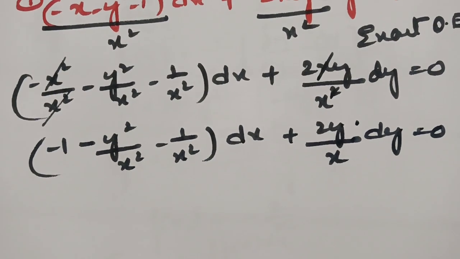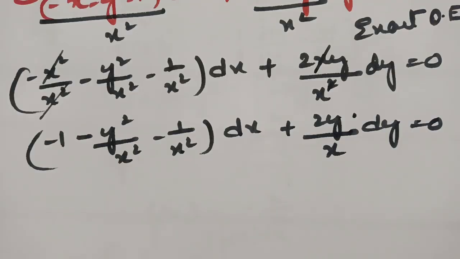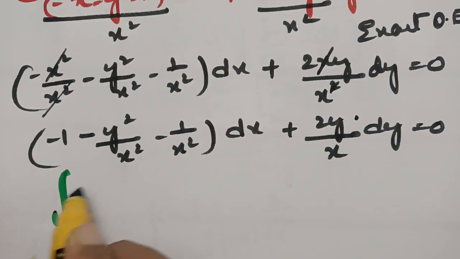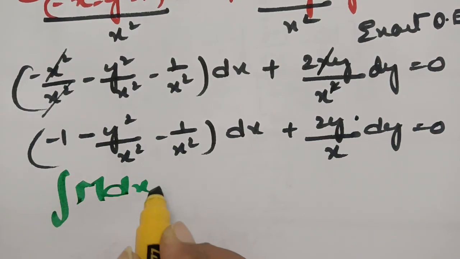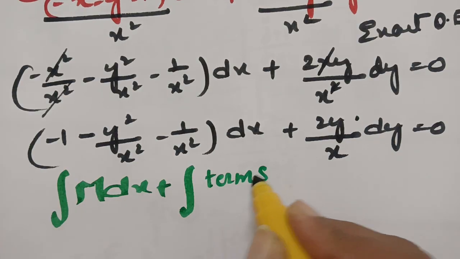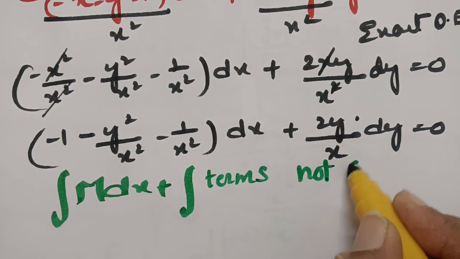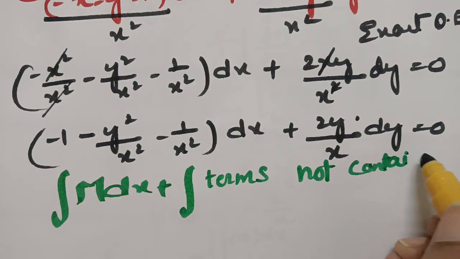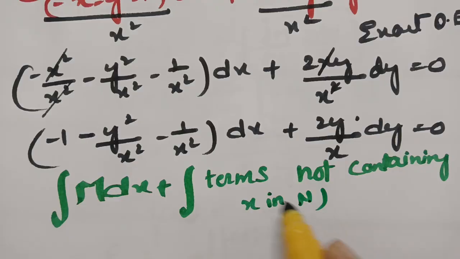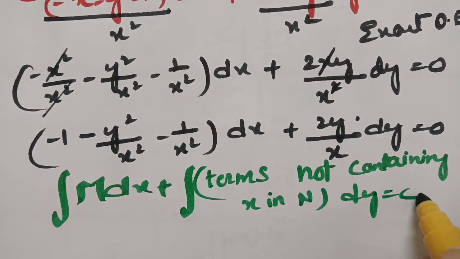As this is an exact differential equation, what is the solution formula here? The solution formula is integral M dx plus integral of the terms not containing x in N dy is equal to c.